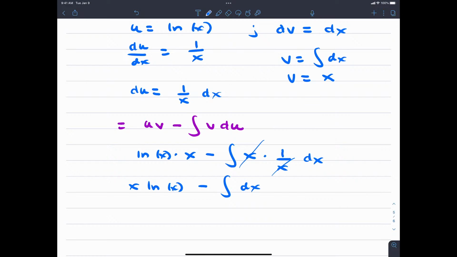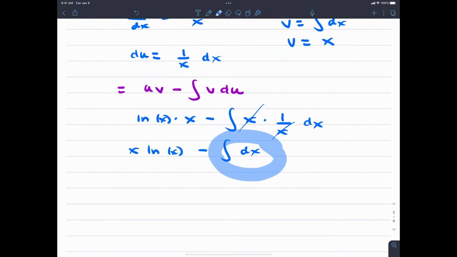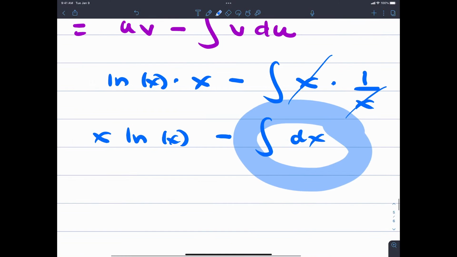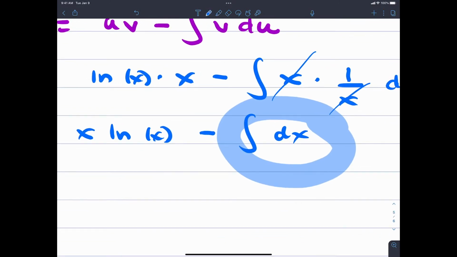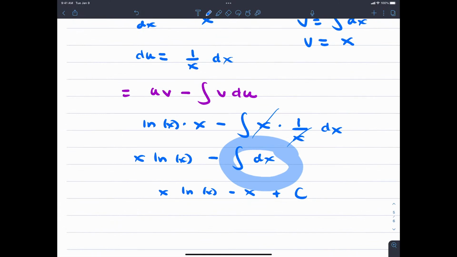It's 1. So you're now left with this integral. Does anybody remember from Calculus 1, how do you integrate dx? What's that integral? Isn't that just what? X. Don't forget to add your constant. And now, ladies and gentlemen, you are done. There's your final answer. X times natural log x minus x plus that what? Constant c.